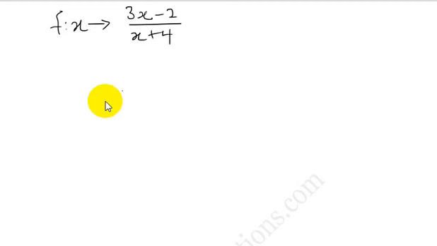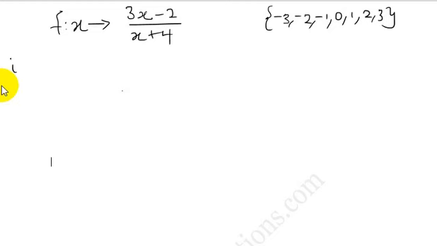Then you are saying that on the domain is minus 3, minus 2, minus 1, 0, 1, 2, and 3. This is the domain, and also they are telling us to find the image of the following elements of the domain.